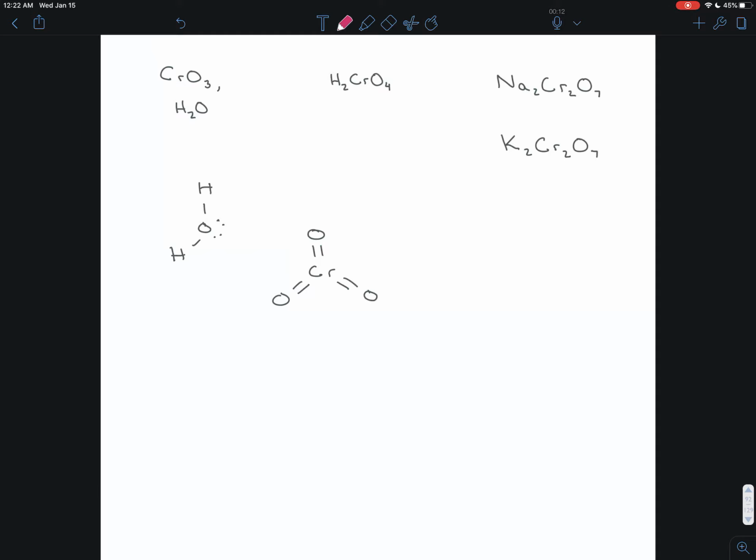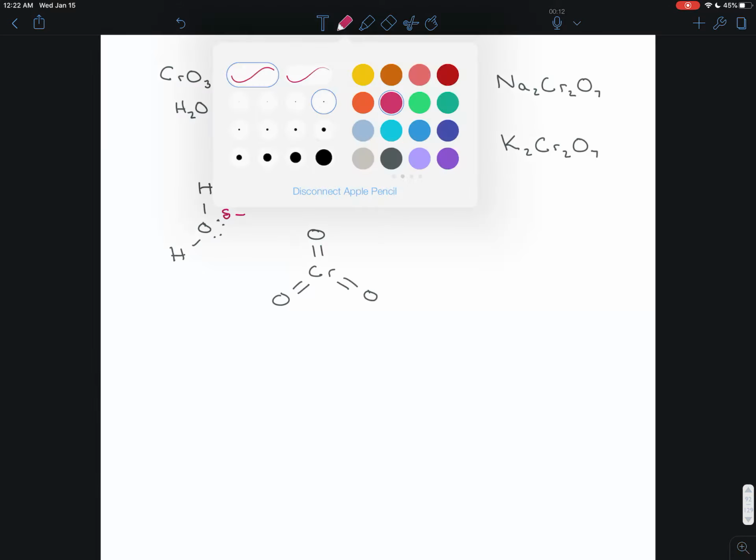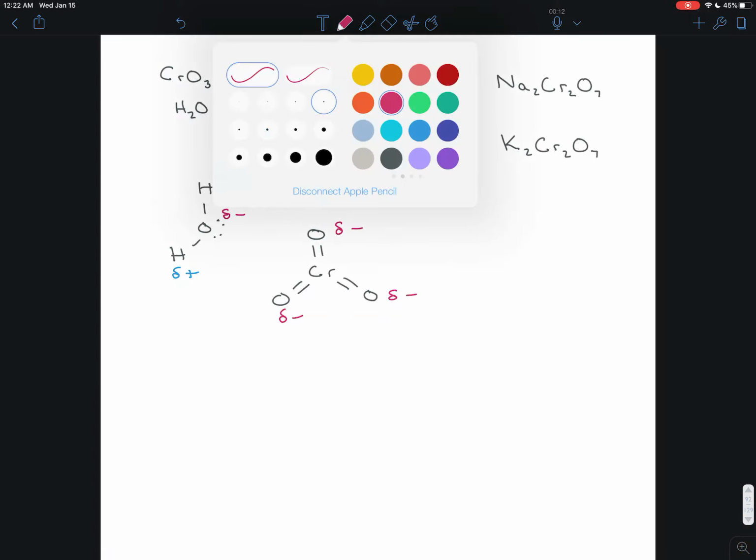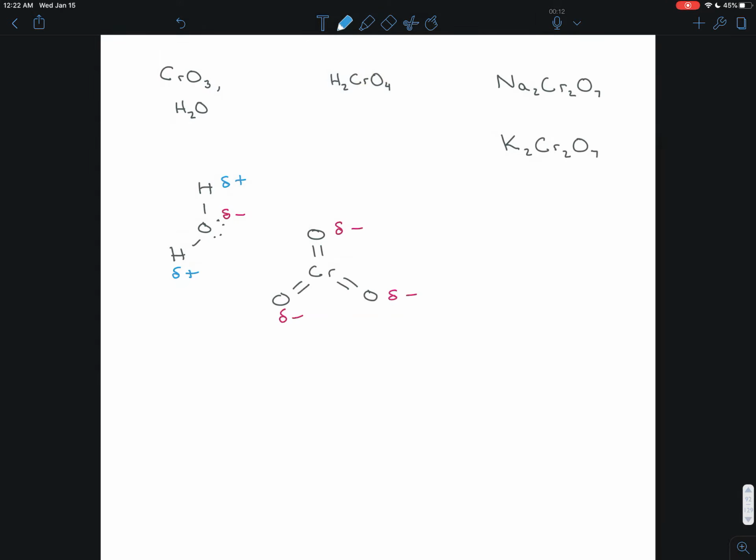Here in the water, oxygen is very electronegative. It pulls electrons to itself and becomes slightly negative. The hydrogens lose those electrons and become slightly positive. In the chromium trioxide, oxygen is very electronegative, pulls electrons to itself, becomes slightly negative, and the chromium loses electrons to all 3 of those.